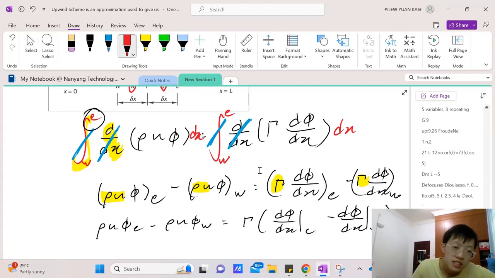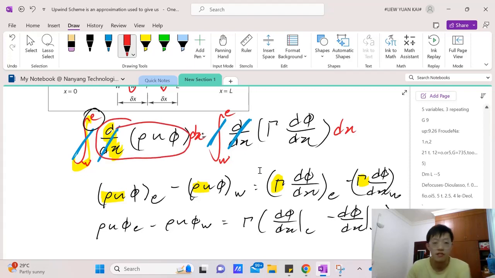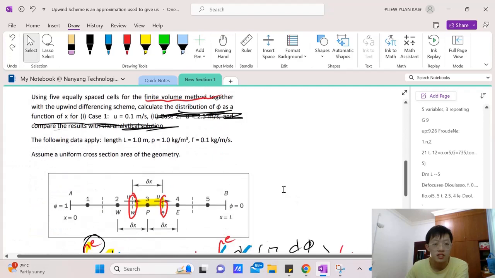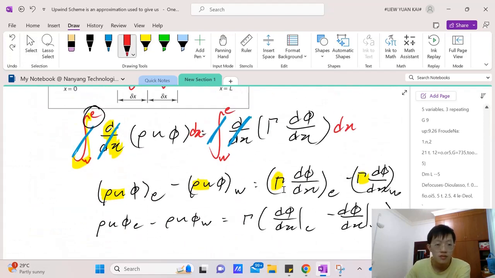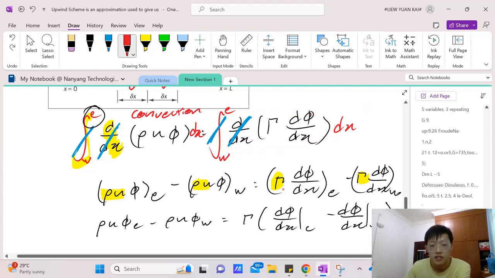Let us go back to the very start. This is the convection term, right? Remember that this is the convection term. And this side is the conduction term, otherwise known as the diffusion term. Let me just call it the conduction term.